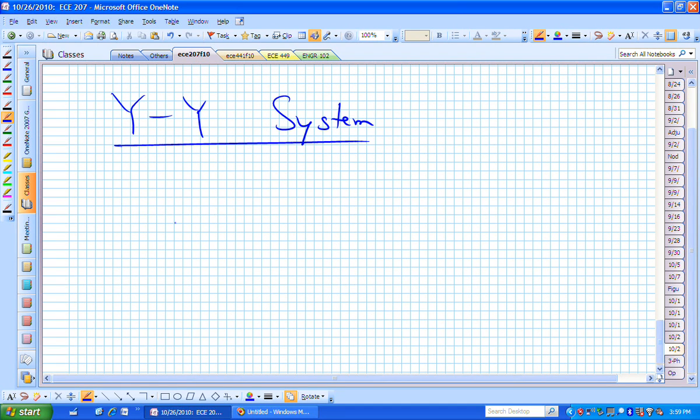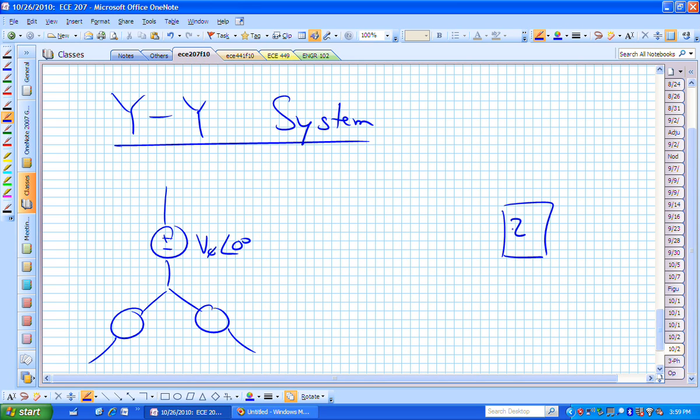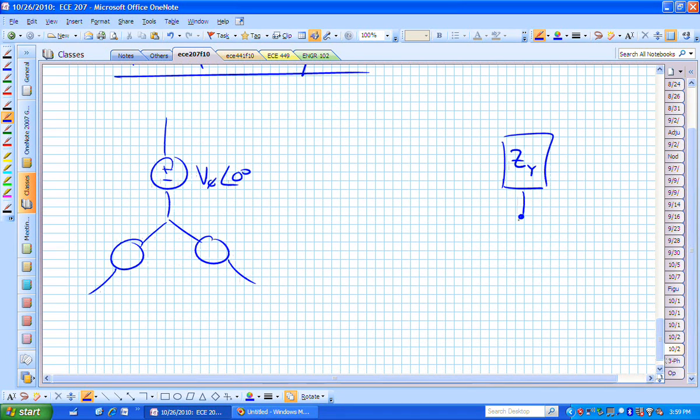If we have that source connected to a set of loads, and let's assume that these are all the same, and I'm going to call those Z sub Y's because this load is balanced and it's connected in a Y configuration.